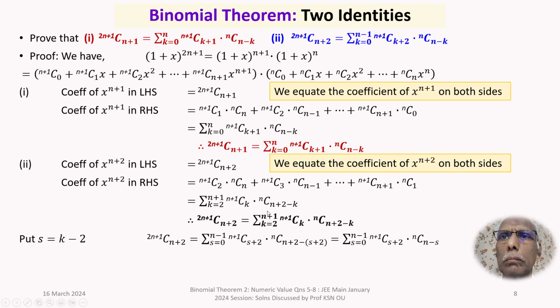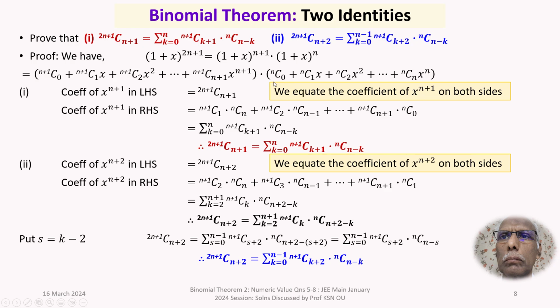When k is equal to n+1, it is n+1−2, that is n−1. And k is s+2, and n+2−k is n−s after the 2 cancels. This will be sigma s is equal to 0 to n−1 of n+1 C s+2 multiplied by nC n−s. And s, being a dummy, can be replaced by k. So that is result 2.